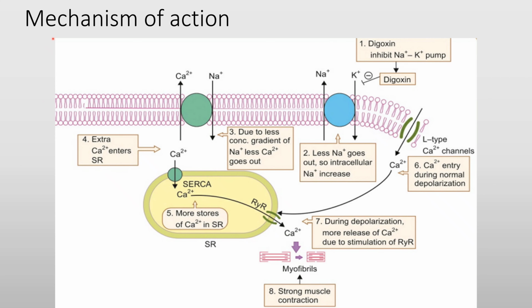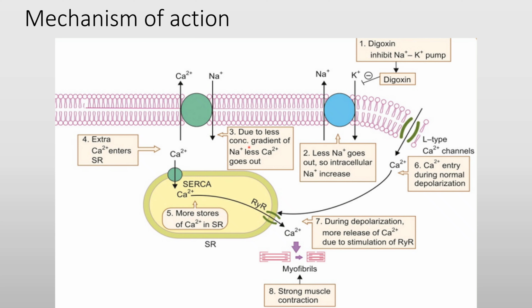Now let's talk about the mechanism of action of digoxin. Digoxin inhibits the sodium-potassium pump. Normally the sodium-potassium pump throws 3 sodium out and 2 potassium in. So when digoxin inhibits the pump, less sodium goes out. So intracellular sodium increases.